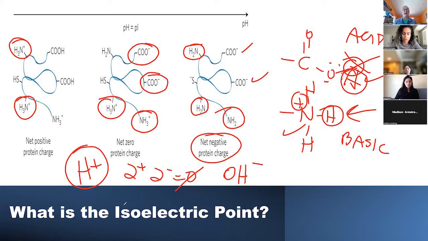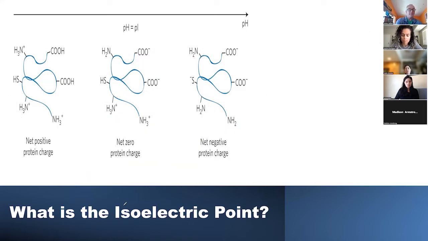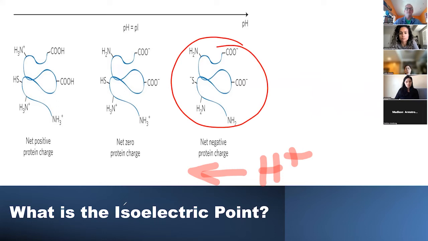So what we'll find, since we're adding acid to get to the PI, that tells us, we're adding protons, so we're going in the opposite direction. So what that tells us is that casein must have a net negative charge.